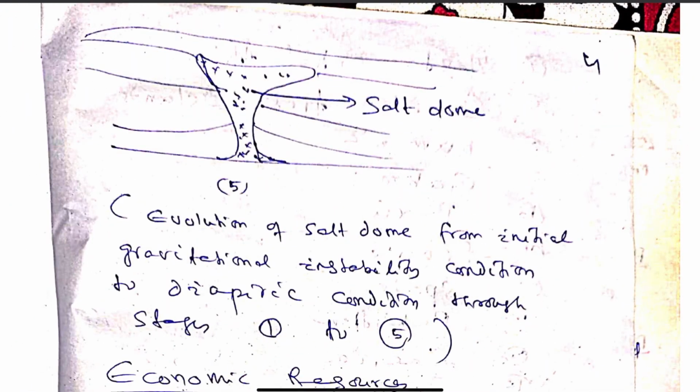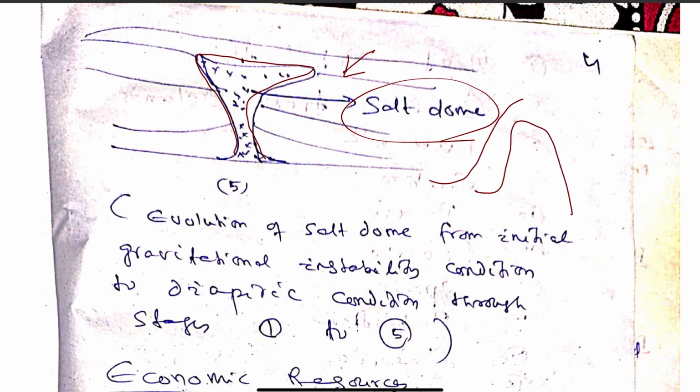So diapir and salt dome are more or less used synonymously, but if you stick to the term, a diapir is a structure that is transgressive to the overlying sedimentary formations, or it has a discordant relationship with the overlying sedimentary formations.